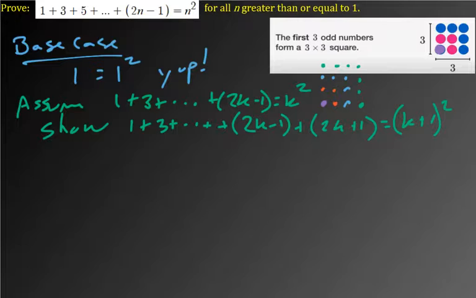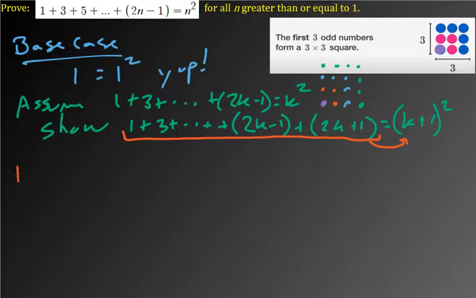All right? A lot of times the way these feel is, if you want to show this equation holds, you can work with that part, do some manipulation with algebra, and get to this, okay?